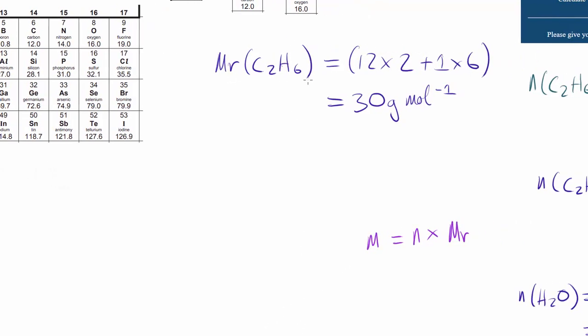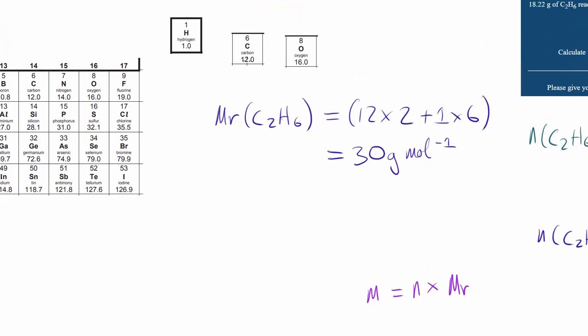The MR of H₂O would be 1 times 2, plus, for the oxygen, just 16.